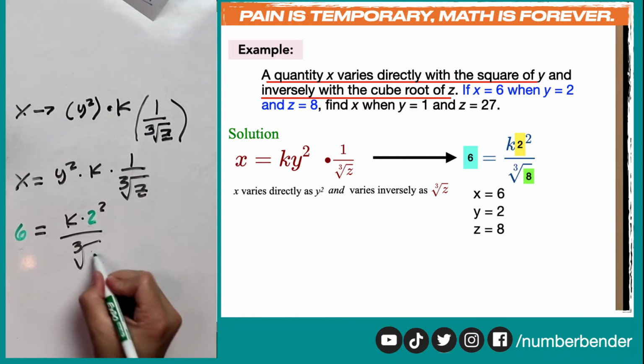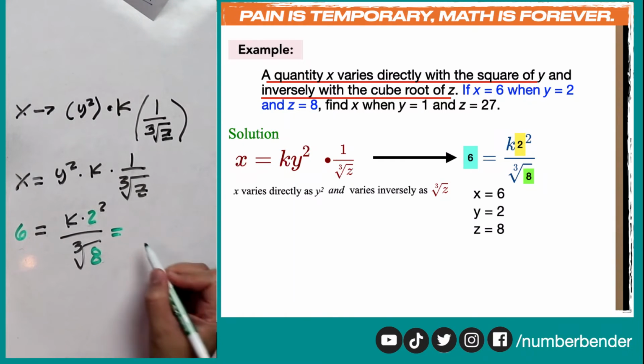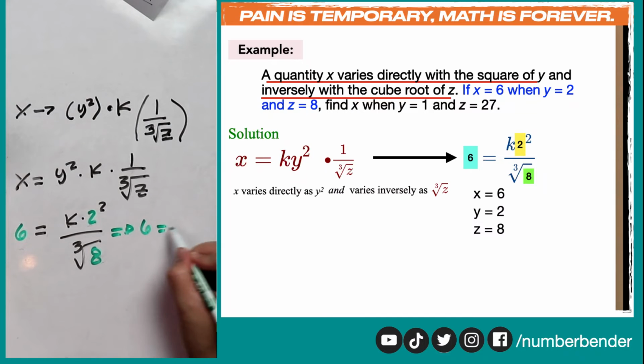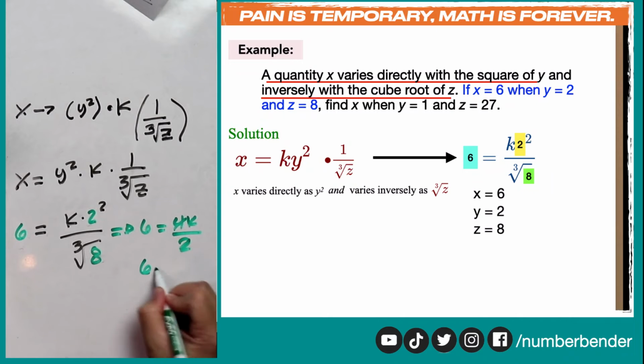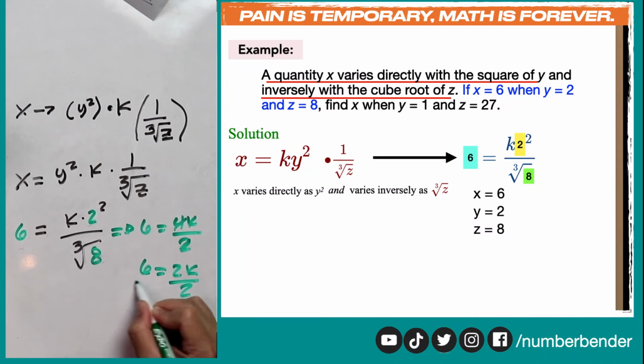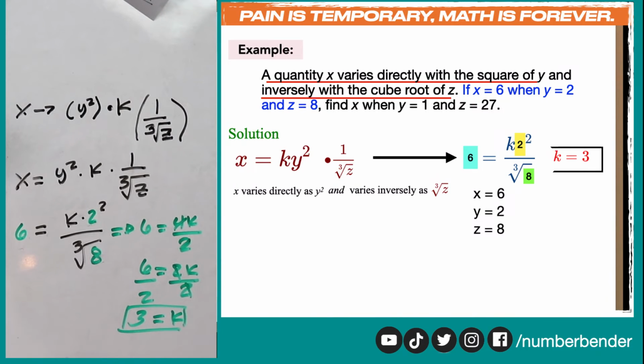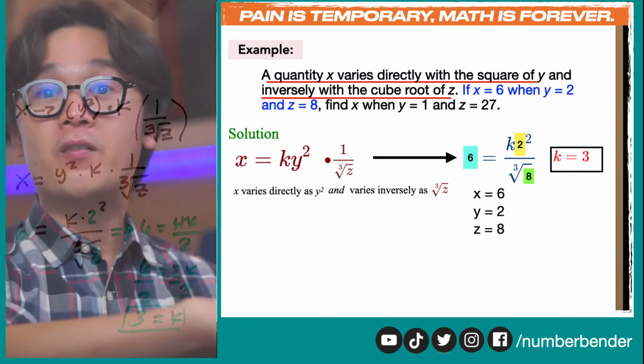By translating this, we'll have 6 equal to 4k all over the cube root of 8, which is equal to 2 because 2 times 2 times 2 is equal to 8. Now we can simplify our equation by simplifying 4 and 2. So we'll have 6 is equal to 2k, and by dividing both sides by 2, we now have the constant of variation k, which is equal to 3. This is the value of k that we're going to use to answer the last part of our word problem.